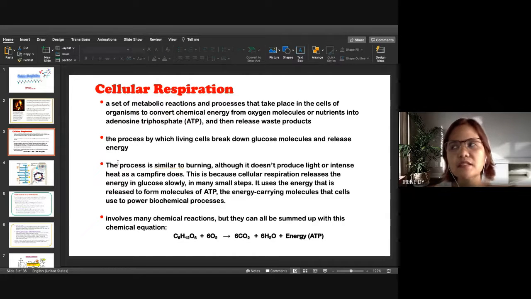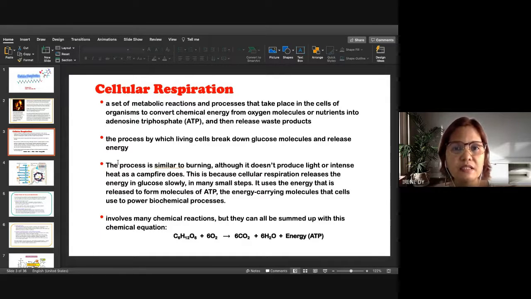Pag sinabi natin cellular respiration, it's a set, class. It's not an individual reaction, but it's a set of metabolic reactions and processes that take place in the cells of organisms to convert the chemical energy coming from the oxygen molecules or the nutrients to ATP.